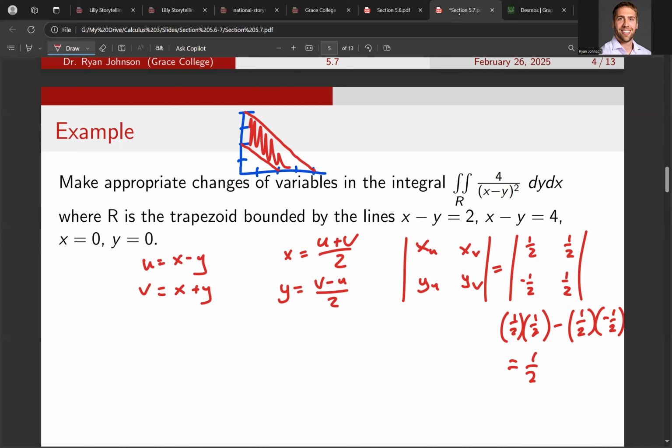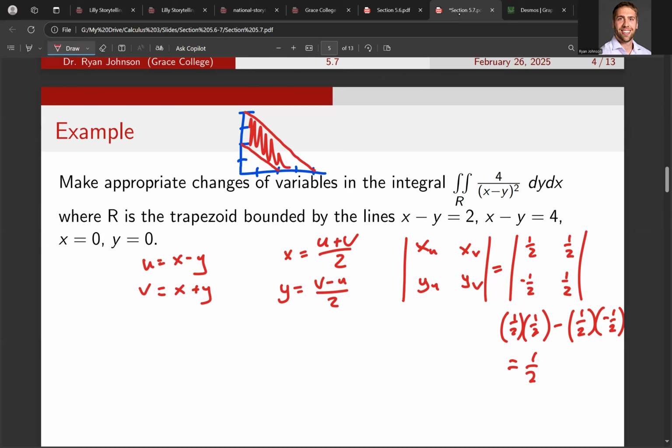Because my u and my v are bigger than my x and my y. x is u plus v over 2, y is v minus u over 2, u is x minus y, v is x plus y. So my u and v are bigger. So when I switch to u's and v's, I also need to multiply by 1/2 in order to still get the same answer.